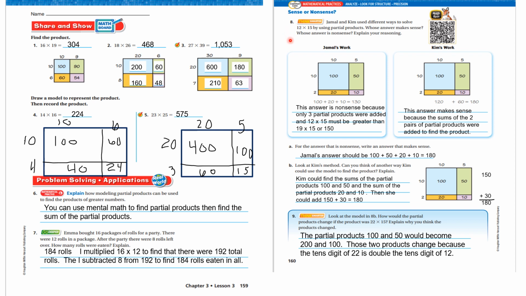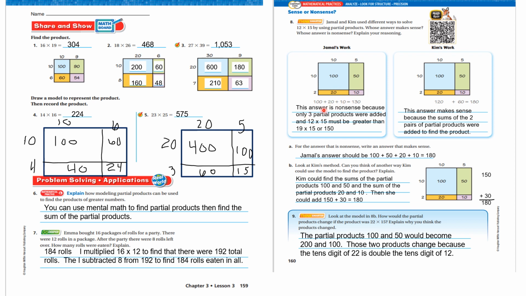Well, Jamal says 10 times 10 is 100. 10 times 5 is 50. 10 times 2 is 20. 5 times 2 is 10. All right.